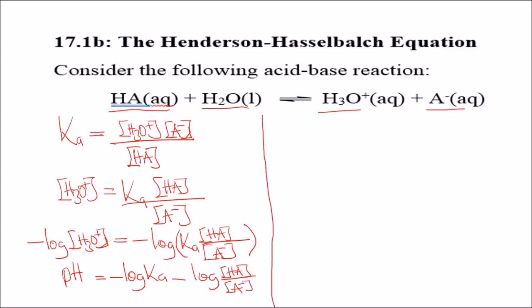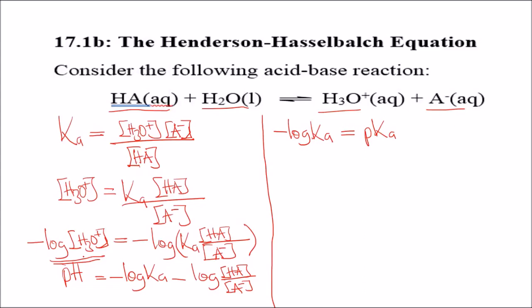Now, minus log Ka is called pKa. It is the same as this one. Minus log concentration of H3O plus is known as pH.